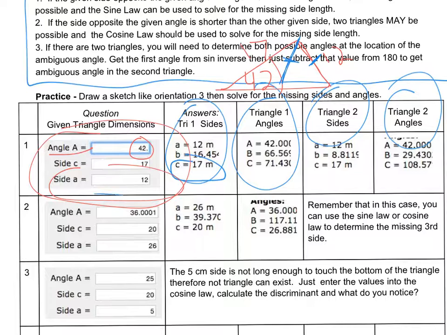Now, what's different about this one? Well, the opposite side is longer. There's angle A and there's side A. Since that 26 is longer than 20, you can only get 1 triangle. And we did a summary of why that was in class. So that's really important.